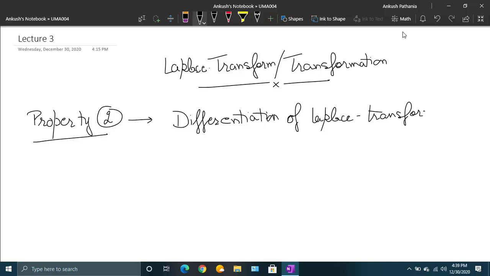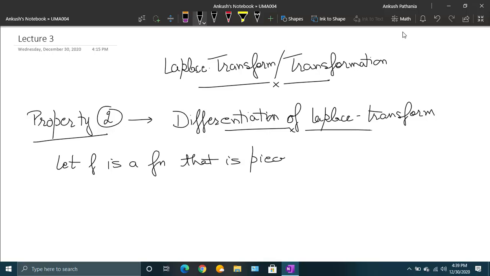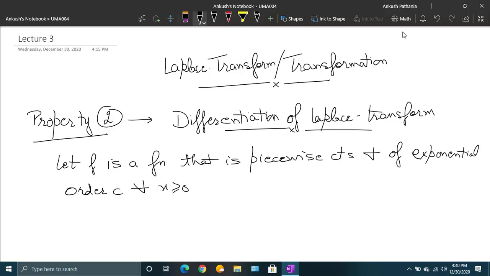In this property, let f be a function that is piecewise continuous and of exponential order c for all x greater than or equal to 0, so that the Laplace of f(x) is equal to F(p).